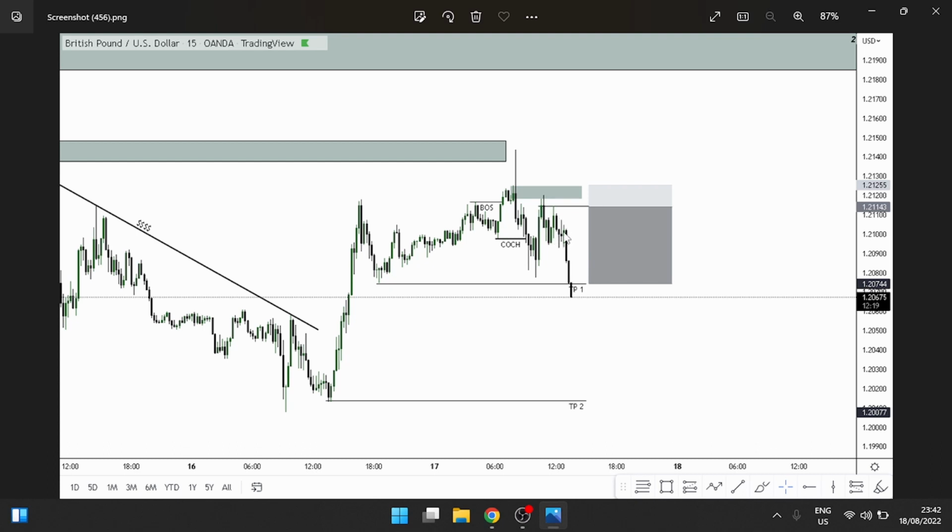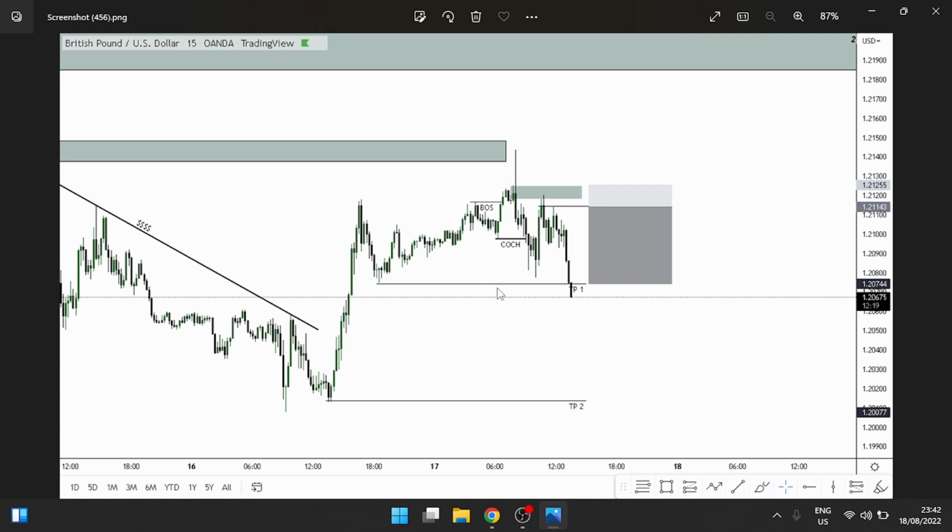And right over here, at this level over here, we had three clean candlesticks moving to the downside. And they hardly had any wicks, so that is why I marked them out as imbalance, because we had three candlesticks moving to the downside with no wicks. So I marked this out as imbalance.